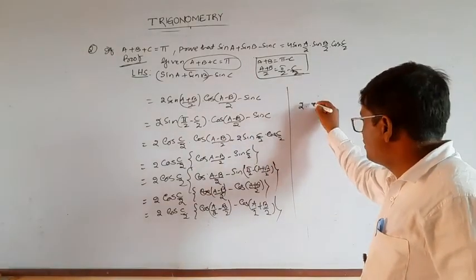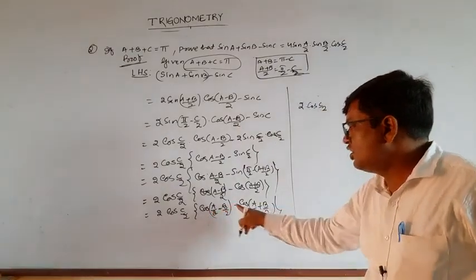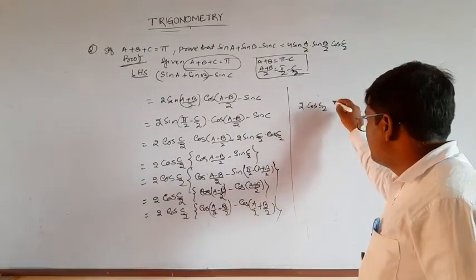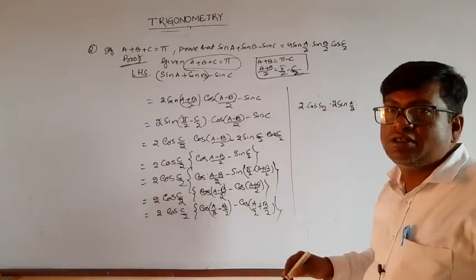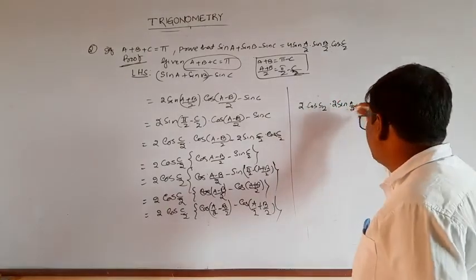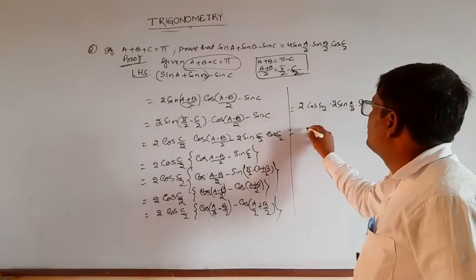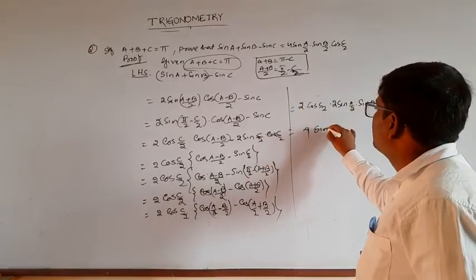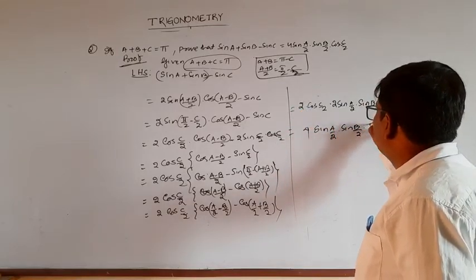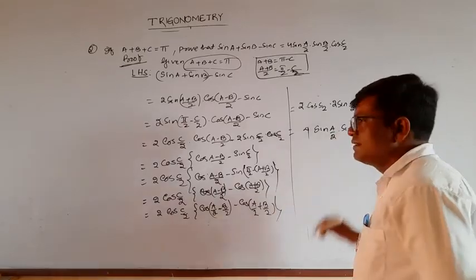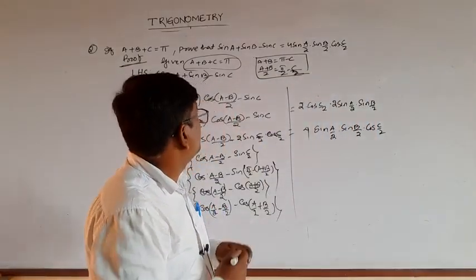So 2 cos C by 2, and the formula for cos(A minus B) minus cos(A plus B) gives 2 sin A by 2 into sin B by 2. So this is equal to 2 into 2, 4 sin A by 2 into sin B by 2 into cos C by 2. This is the proof of the corrected question.